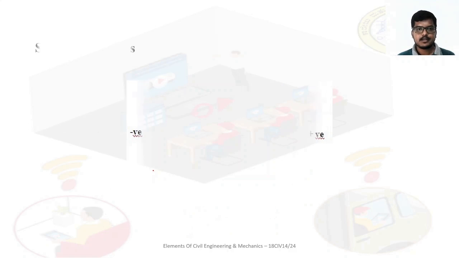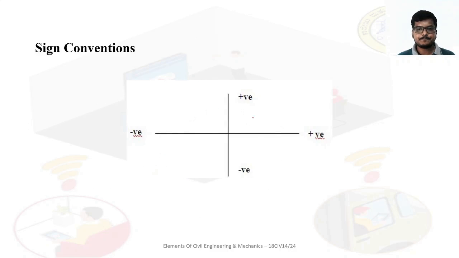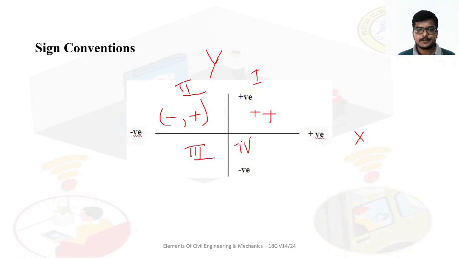Okay, so sign convention, see here. This is x and this is y. So here x is positive, y is also positive. Sign conventions are very important when we solve problems regarding the coplanar concurrent force system. Whenever we come here, x will be negative but y will be positive. This is the first quadrant, this is the second quadrant, this is the third quadrant, and this is the fourth quadrant.